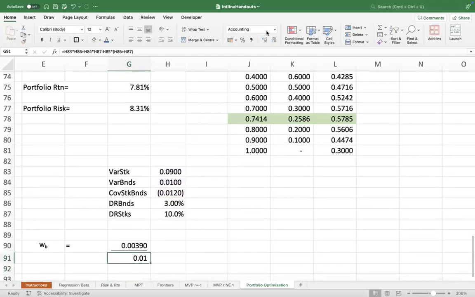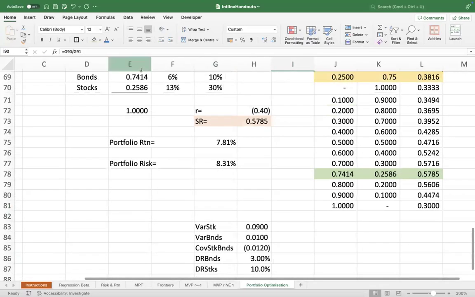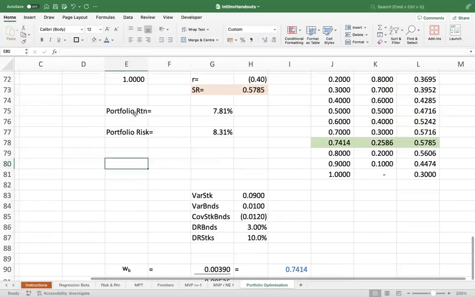So this becomes your numerator, and let's see what you get as the weight of bonds. Do you get the same number? 0.7414 जो यहाँ था वही सेम नंबर यहाँ पे भी है.